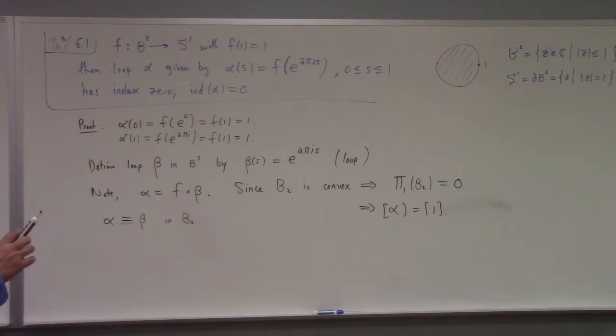I understand. If I can find my way to seeing why alpha is homotopic to the constant map, then the fact that the index is 0 is immediate, right? The constant map doesn't go anywhere. How many times does the constant map loop around the circle? 0 times, right? So once we have that alpha is homotopic to the constant map, then the claim is true, that the index is 0. But why is alpha homotopic to the constant map at 1?